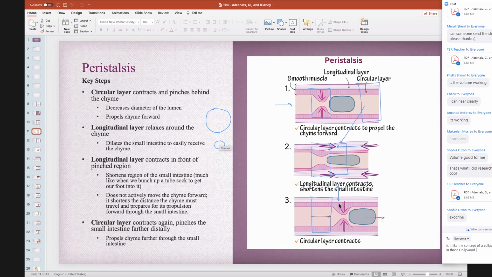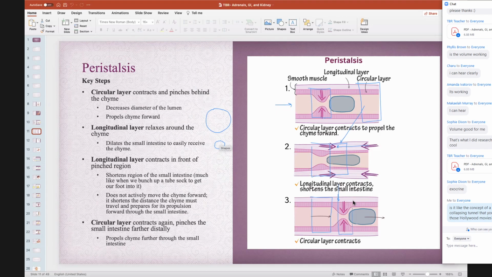So what that's going to do is it's going to pull this circular layer in this direction. And as it pulls it in that direction, it's closed behind the chyme of food. So as the longitudinal layer relaxes and pulls this circular layer back to where it was, as it's behind the food, it's going to push the food forward as well.